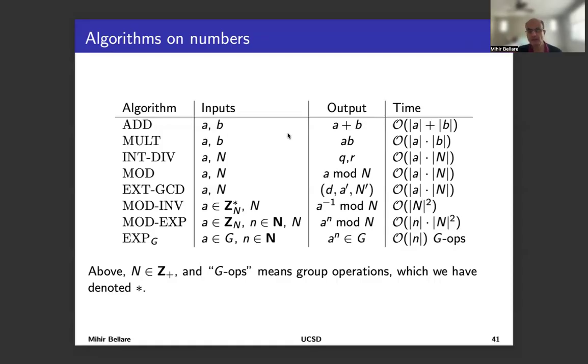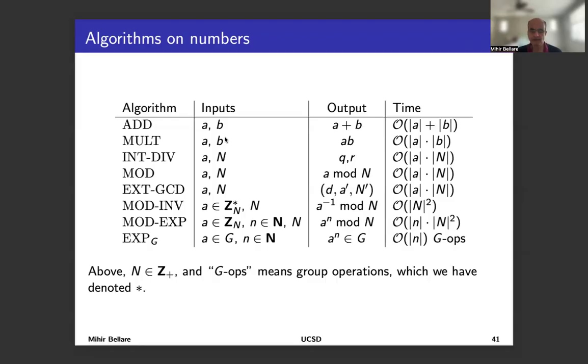We notice that the way we do the addition is going to take time which is linear in the lengths of the binary representations, because we do a constant number of bit operations per bit in each of the numbers. And so that gets written like this: big O of the length of A plus the length of B.